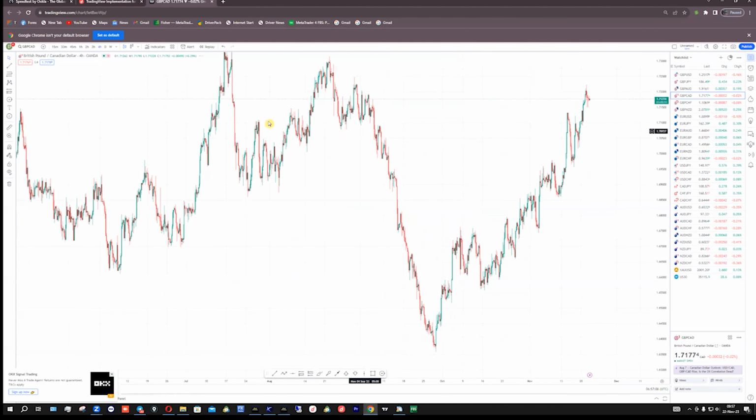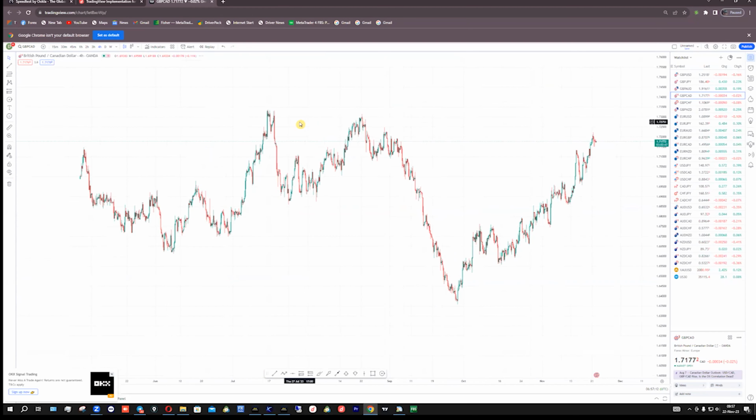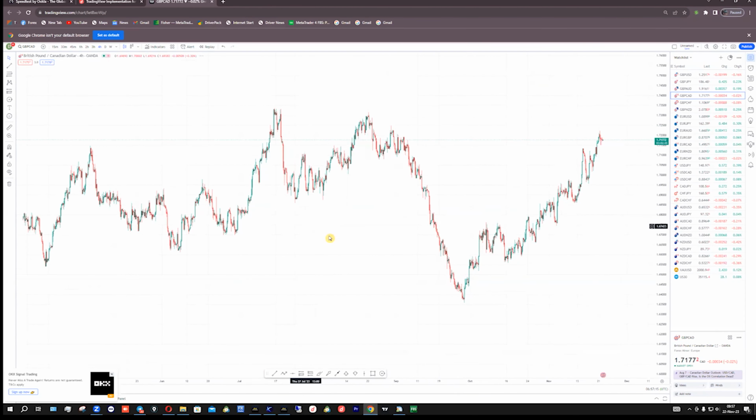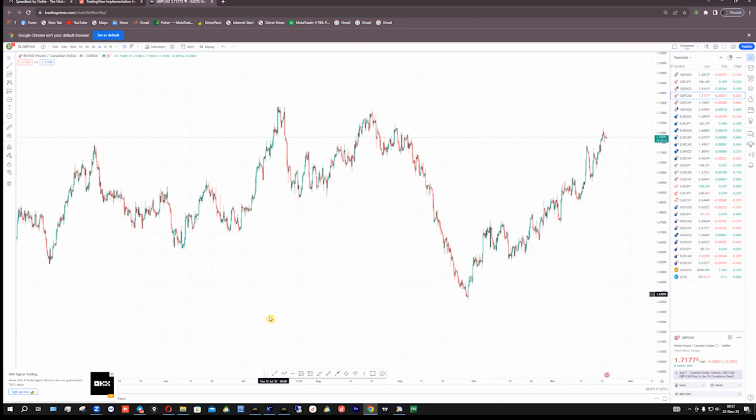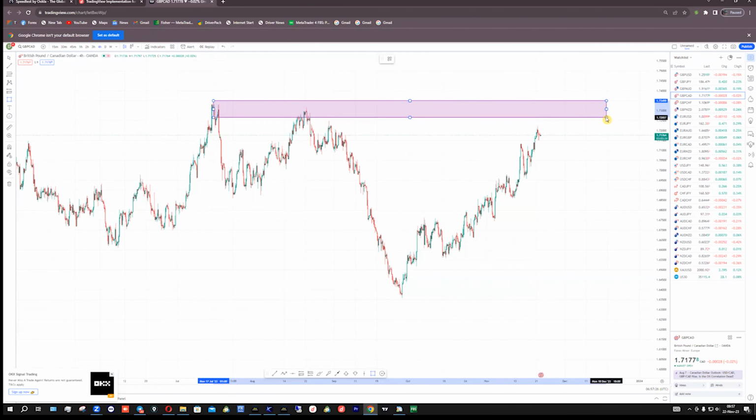So let us analyze here again about the GBP CAD, because it is very, very important to understand this market. So again, let us take this area. As you can see, this is a POI area. All right, guys, this is a very strong area.